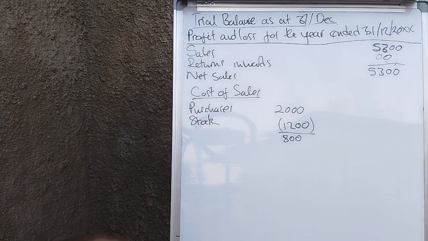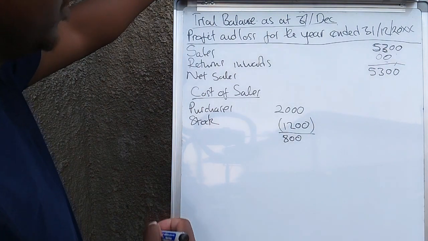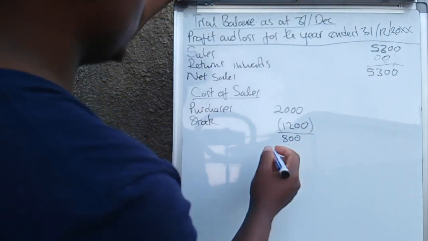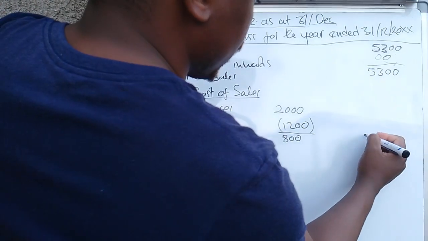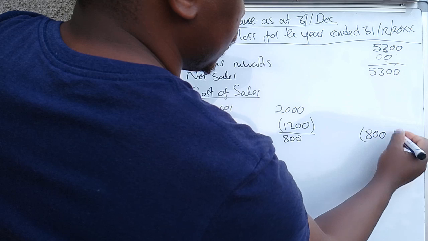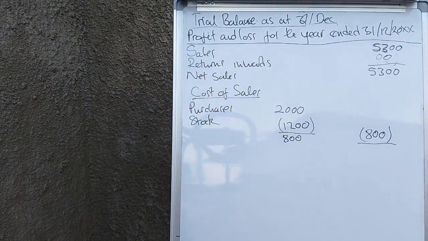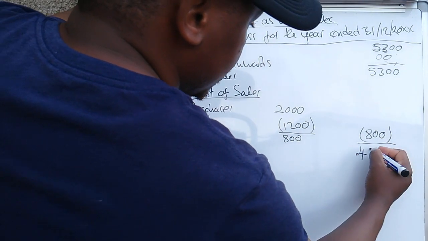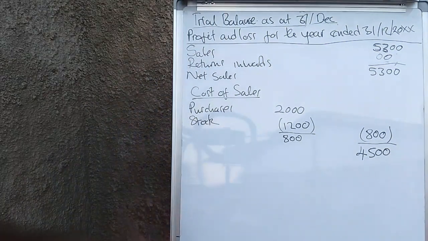Then we make our calculations. If our cost of sales is 800, we take it straight and deduct it from our net sales. So we say net sales of 5,300, we deduct 800. We come up with a gross profit of 4,500.